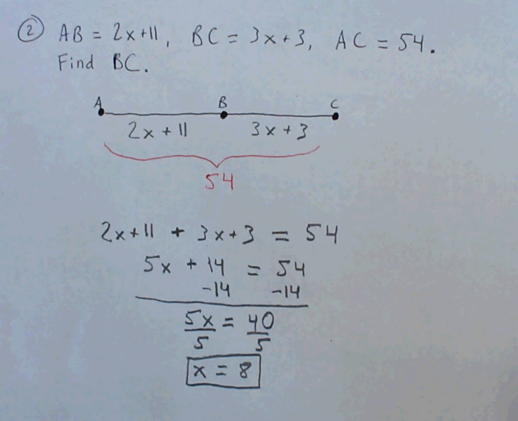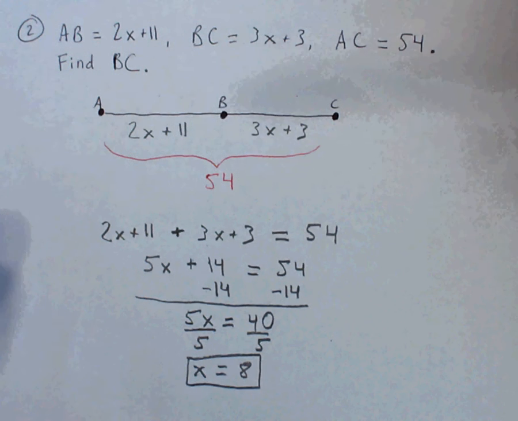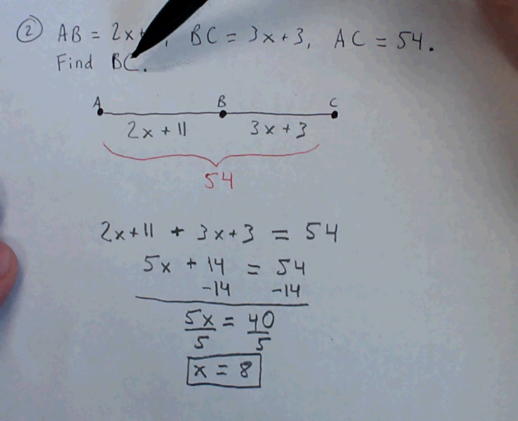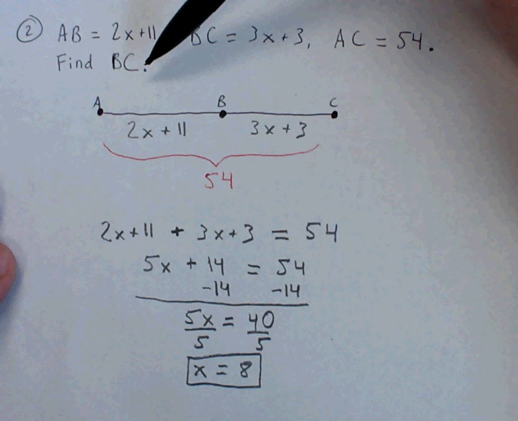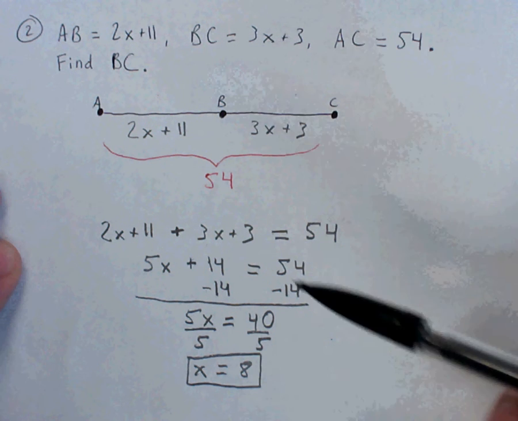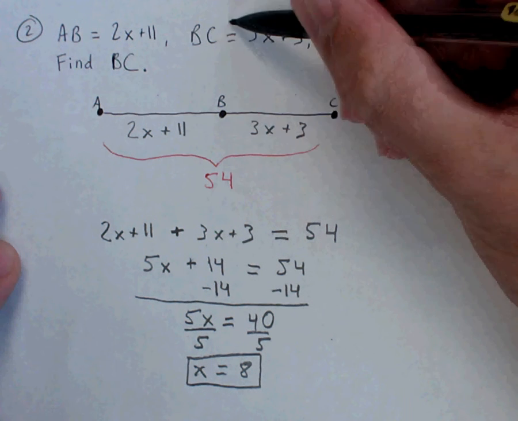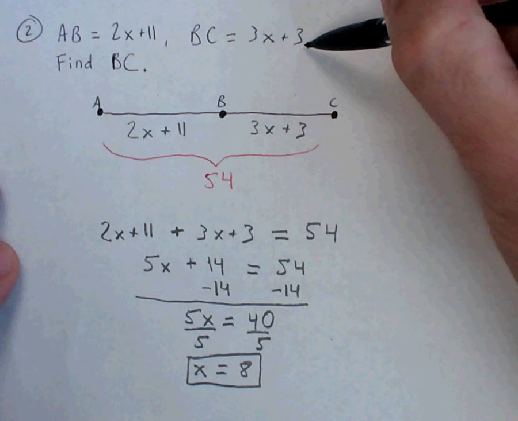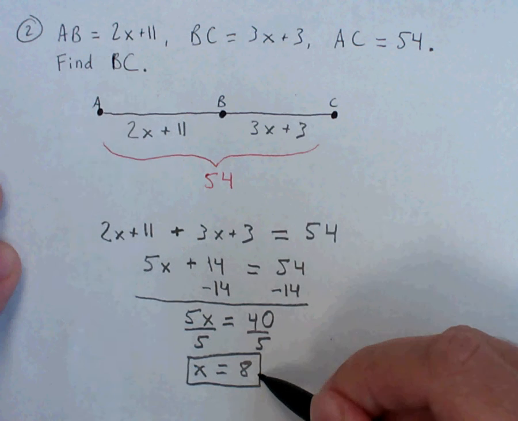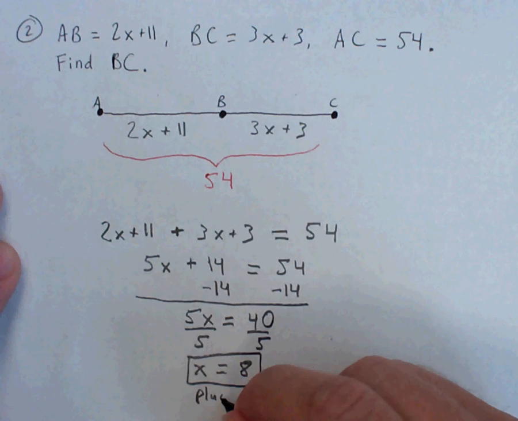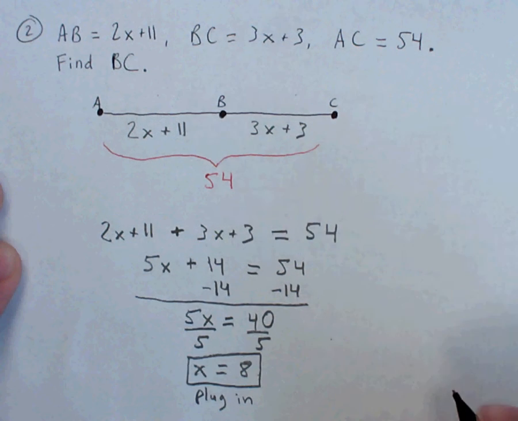Now what? Are we done? Well, no. The problem asks us to find BC this time. So what do we think we should do? Well, we have information for BC, and we have an x, so again, we want to plug it in. Let's do it.